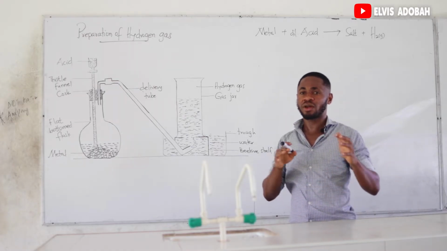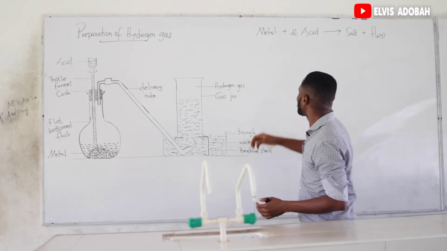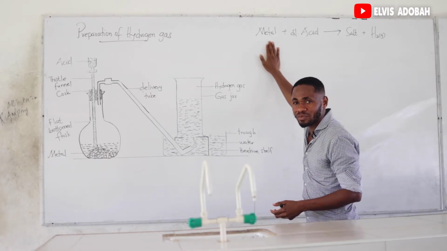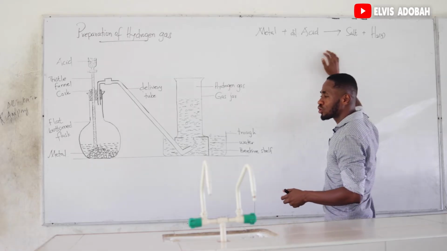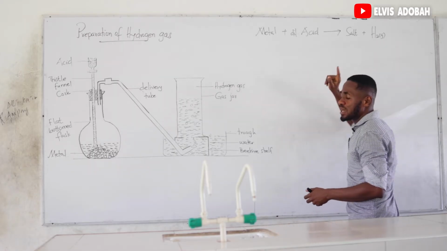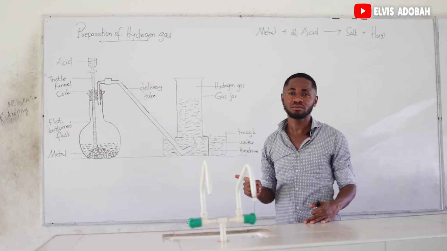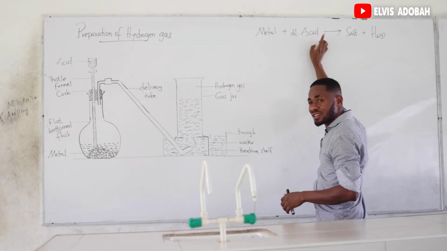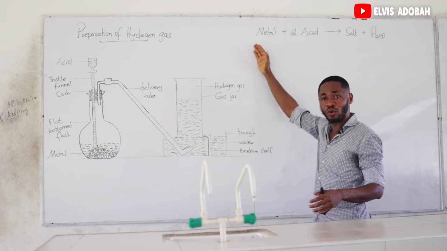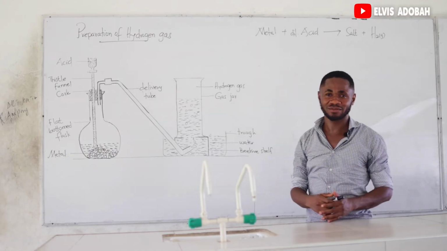But there is more to this. It is not any metal that reacts with a dilute acid to produce salt and liberate hydrogen gas. And it is not every dilute acid that can react with a metal to produce hydrogen gas.